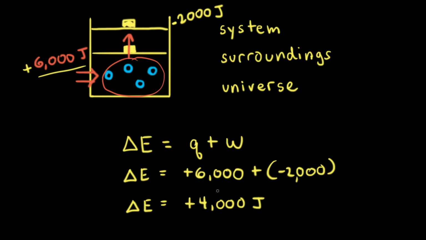Thinking about internal energy like our bank account, we've gained 4,000 joules. So that could be like gaining $4,000. Since the system has gained 4,000 joules, that must mean the surroundings has lost 4,000 joules. But since energy is conserved, the total energy of the universe remains constant.